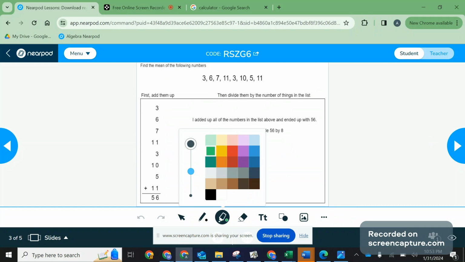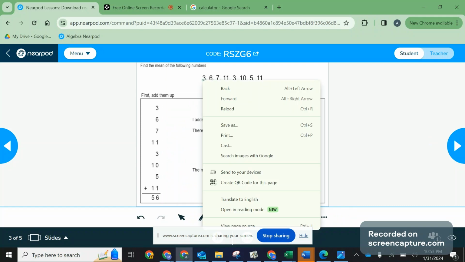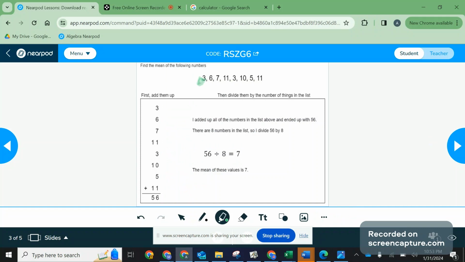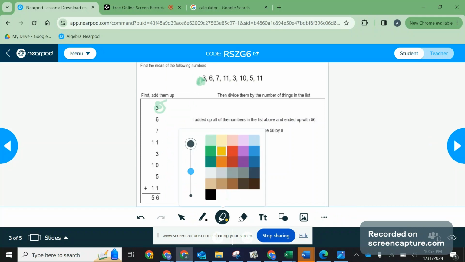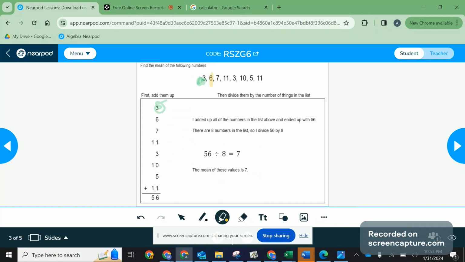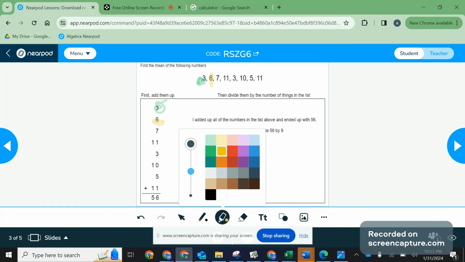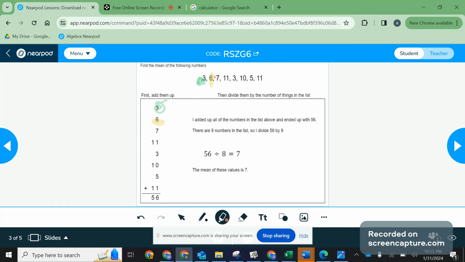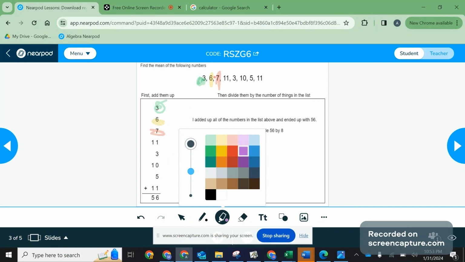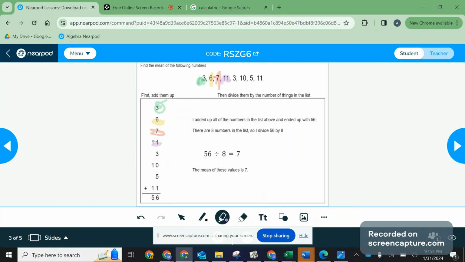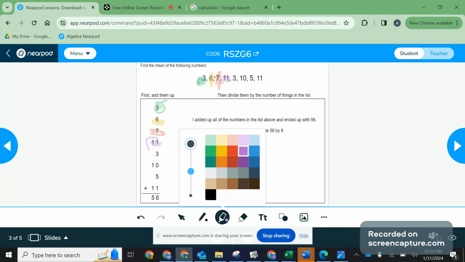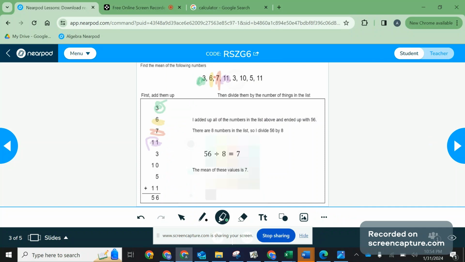So let's start by taking a look at what I've done here. You're going to notice that I've got a 3 right here at the beginning. I've got a 6 going second, a 7, an 11, another 3. That's okay. If I've got the number again, I just add it again.